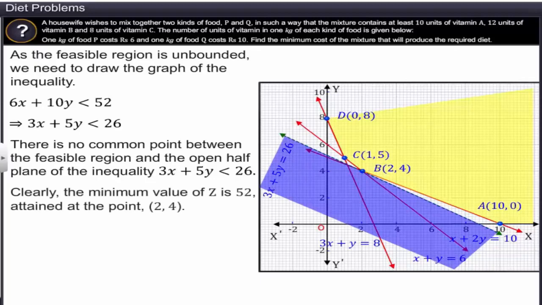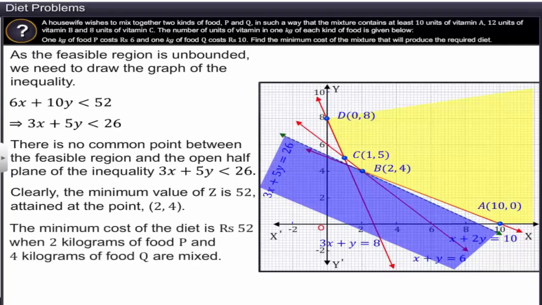Clearly, the minimum value of z is 52, attained at the point (2, 4). Hence, the minimum cost of the diet is 52 rupees when 2 kilograms of food P and 4 kilograms of food Q are mixed.